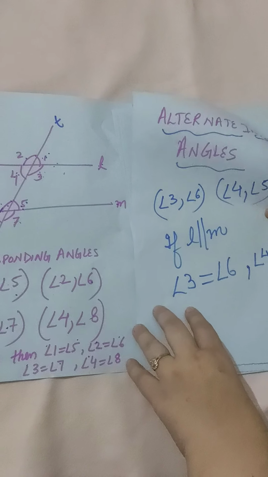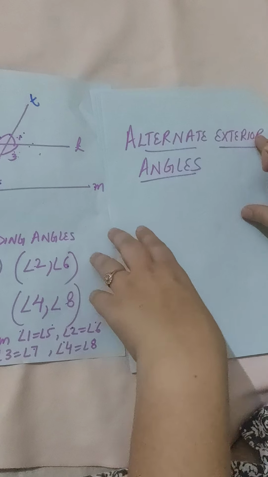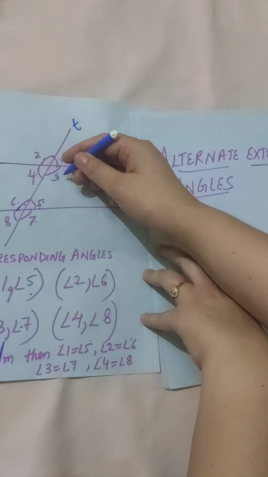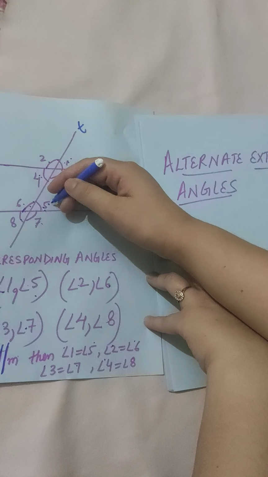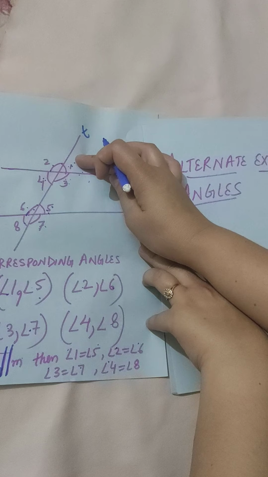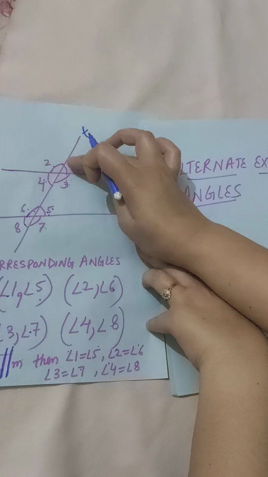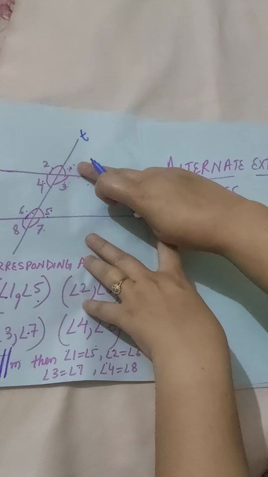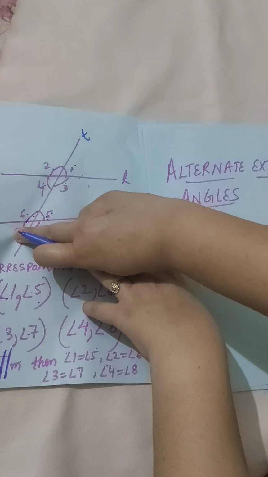Now alternate exterior angles. Exterior means outside the lines. Interior we had 4 angles, and exterior again we have 4 angles: 1, 2, 7 and 8. Again one should be on the left side and the other on the right side.